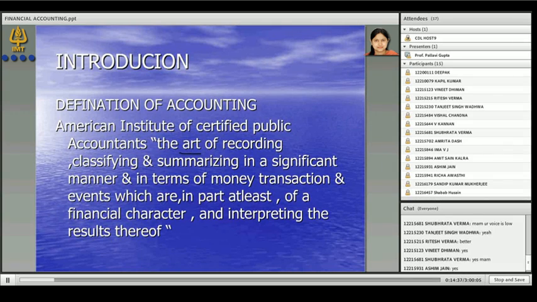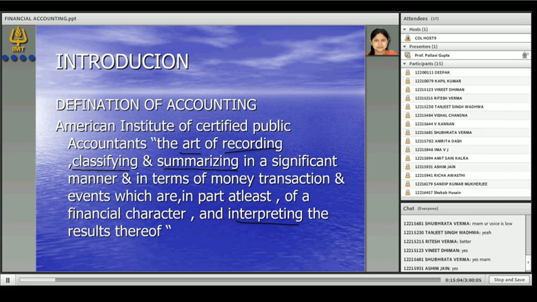It says it is an art of recording, classifying, summarizing in a significant manner and in terms of money, transactions and events which are in part at least of a financial character, and interpreting the results thereof.